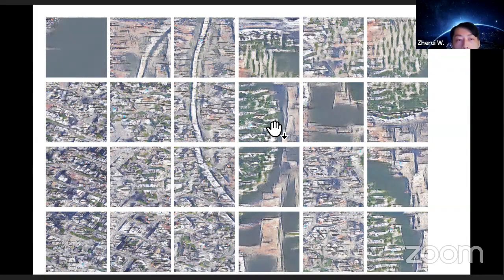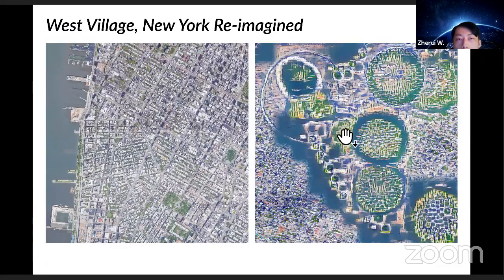So this is the neighborhood scale reimagined, as we see on the left and on the right. What I find really interesting about the reimagined image on the right is that there seems to be some sort of system of growth.